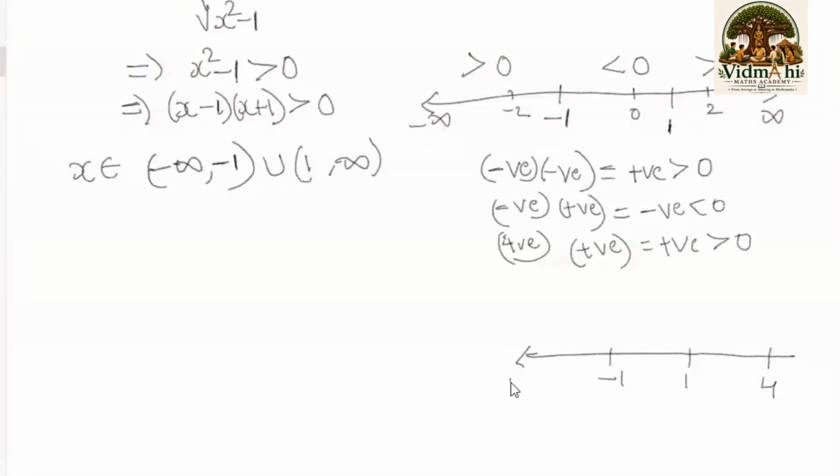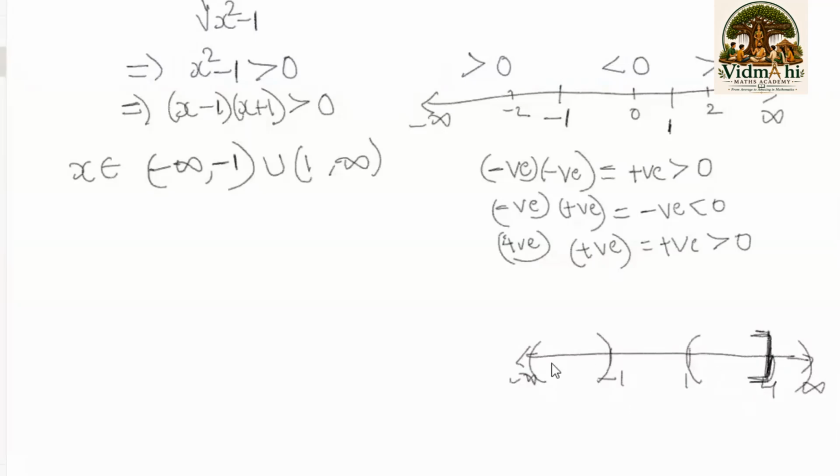This is minus infinity and this is plus infinity. So minus infinity comma minus 1 open interval union 1 to infinity. Next, x is less than or equal to 4 is there, correct? So for that, consider a closed interval on the 4.